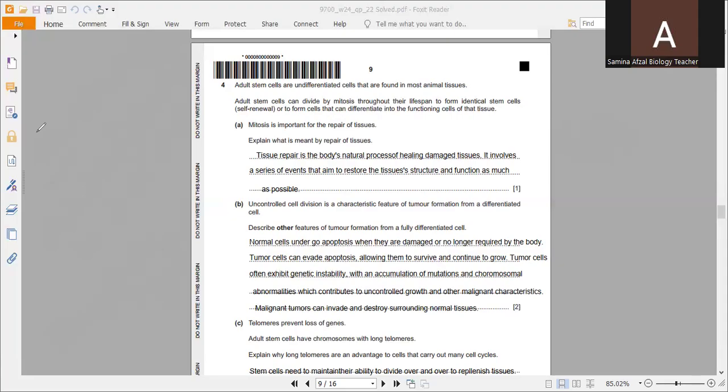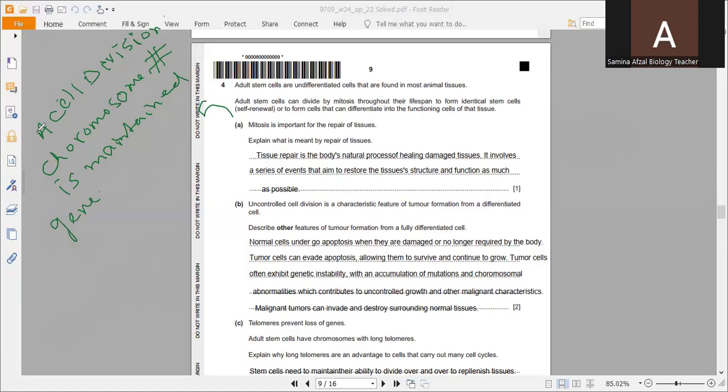First of all, mitosis is a cell division in which the chromosome number is maintained, generation after generation.